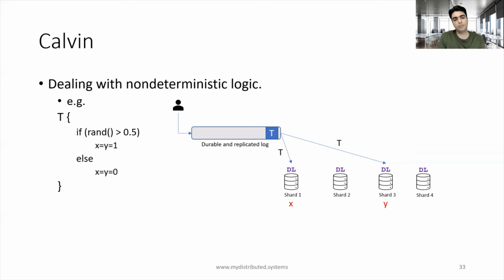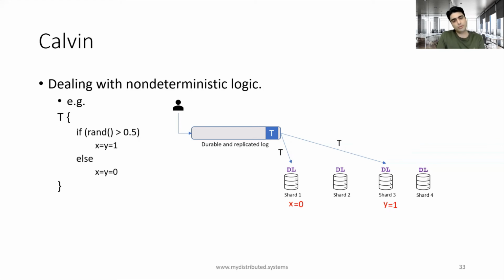One of them can generate 0.1, the other may generate 0.8. One of them sets the value of y or x to 1, the other sets the value to 0. So here we may have y set to 1 and x set to 0. This is not desired, because the transaction wants to set both x and y to 1 or both of them to 0. But because of the non-determinism in the code of the stored procedure, we have this problem.